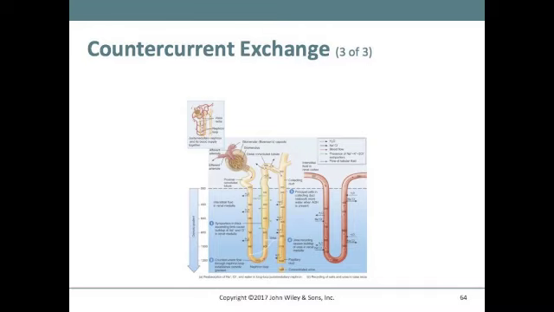At step 2, we see the countercurrent flow through the descending and ascending limbs of the nephron loop, and that establishes an osmotic gradient in the renal medulla. At step 3, the cells in the collecting ducts will reabsorb more water and urea. And then at the 4th step, urea recycling causes a buildup of urea in the renal medulla, and this creates more concentrated urine.